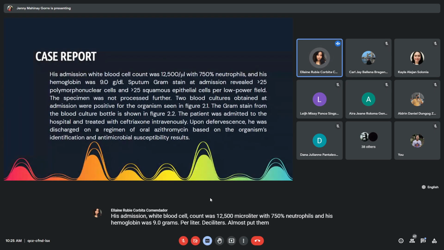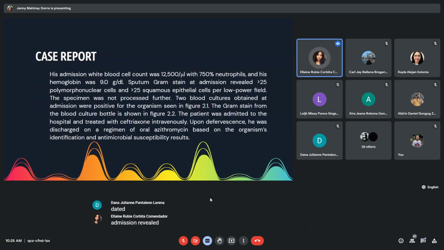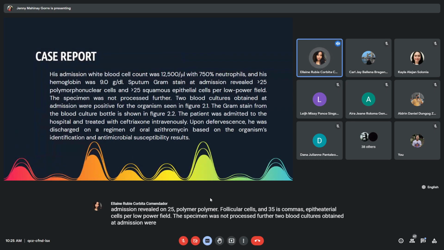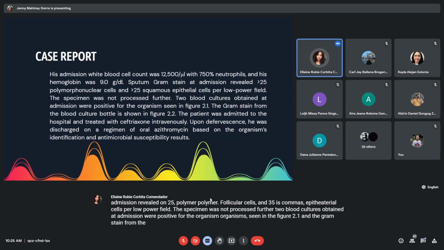Sputum gram stain at admission revealed 25 polymorphonuclear cells and 25 squamous epithelial cells per low power field. The specimen was not processed further. Two blood cultures obtained at admission were positive for the organism seen in figure 2.1, and the gram stain from the blood culture bottle is shown in figure 2.2.